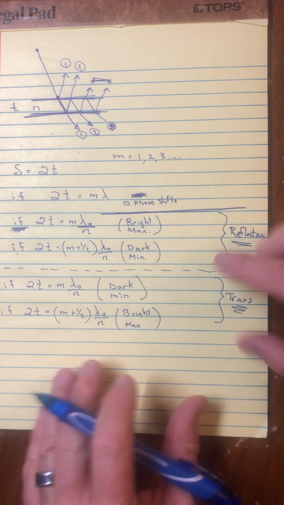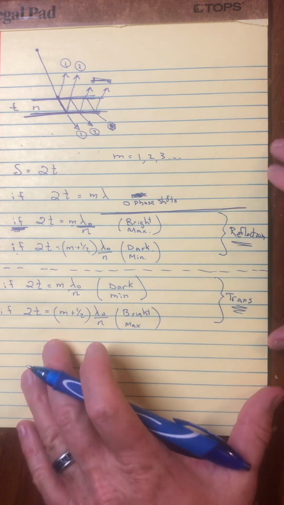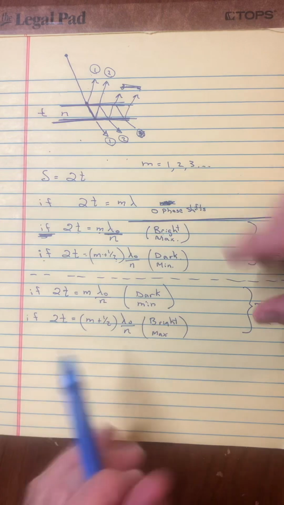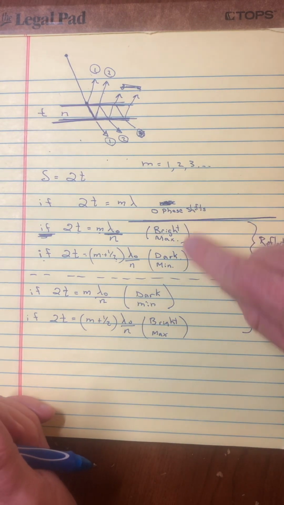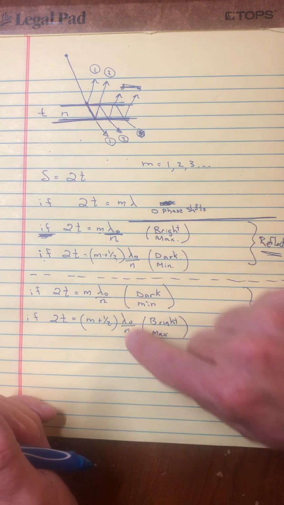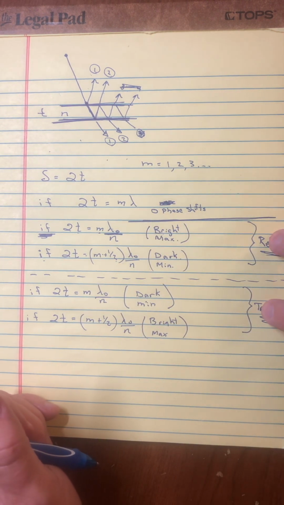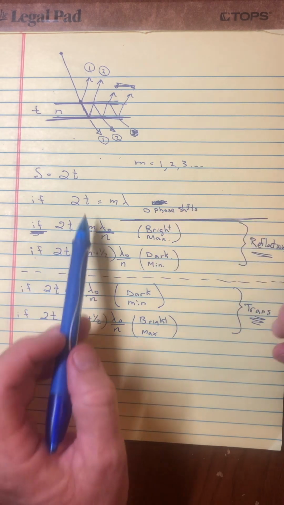And of course, there's a third with phase change, which I'll explain in a moment. But you want to ask yourself, am I looking for light that is reflected or transmitted? And am I trying to get light that is either bright or dark? These were our 4 options so far. There's going to be 8 options by the time I'm done here. Decide between these two, then decide between bright and dark. And notice there are only 2 equations.